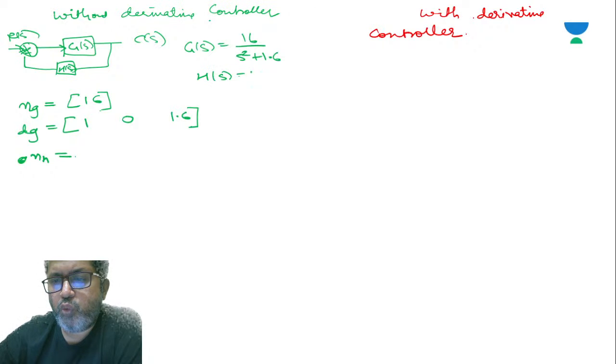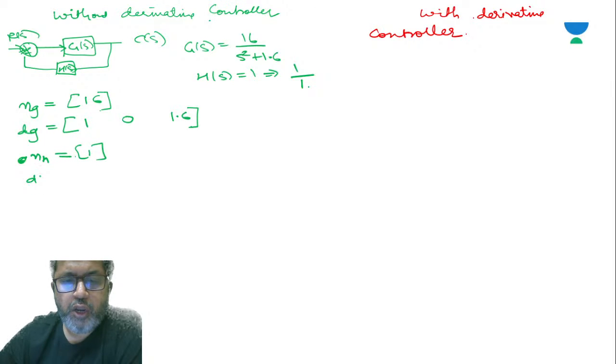H(s) is equal to 1, which implies 1 upon 1. The numerator term is 1 and the denominator of H is equal to 1. These two are in feedback.